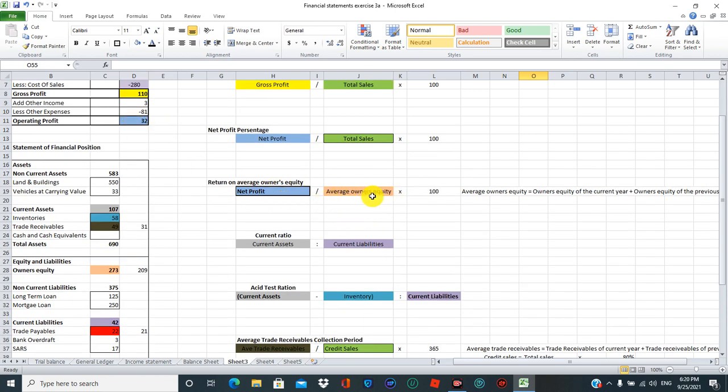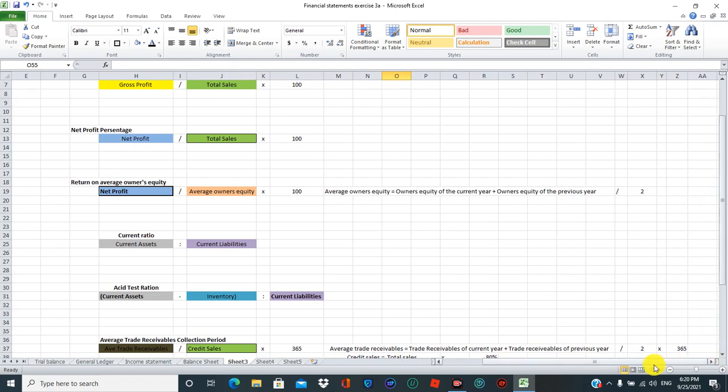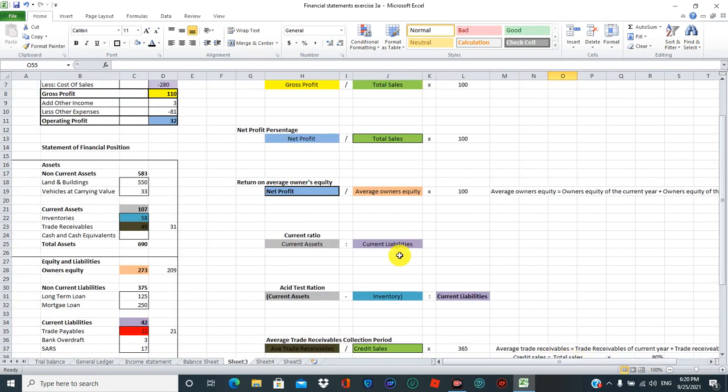Now to calculate the average owner's equity, that is your owner's equity of the current year plus the owner's equity of the previous year, divided by 2.